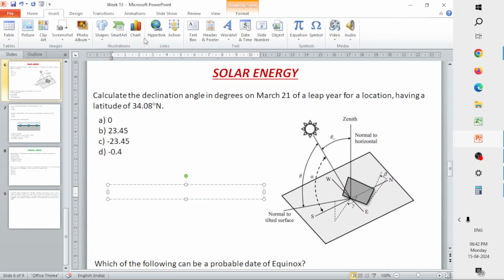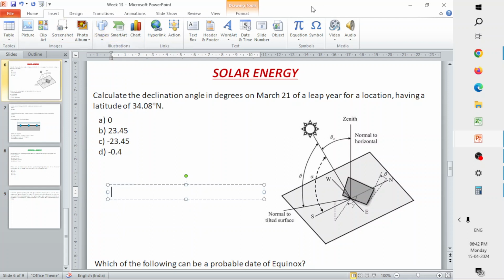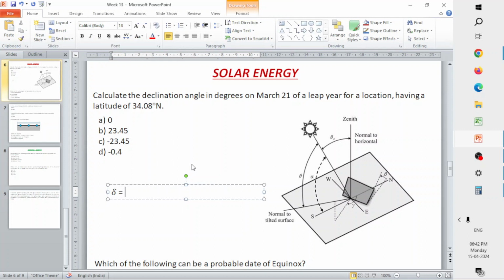What does declination angle mean? When the center of the earth and the center of the sun are connected using a line, the projection of that line on the equatorial plane is called the declination angle.